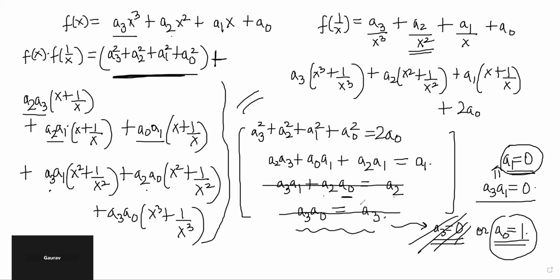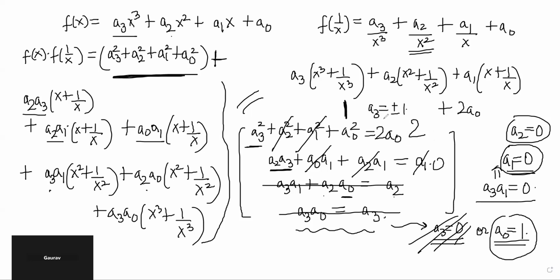So a1 is 0 means this term is gone, this term is gone, and this term is gone, right? And can you see a2 is 0 now? And a2 is 0, a1 is 0, a0 is 1. So this is 2 and a3 is coming as 1. Do you see that a3 can be plus or minus 1?